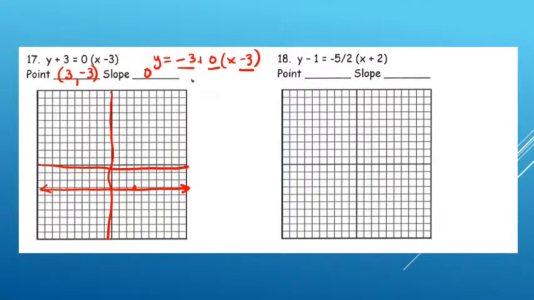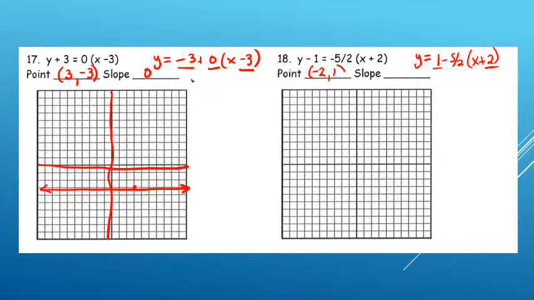For number 18, I need to rewrite this again, so y equals 1 minus 5/2 times x plus 2. So again, pulling out my point, this becomes +2. I know that that x value is actually a -2.